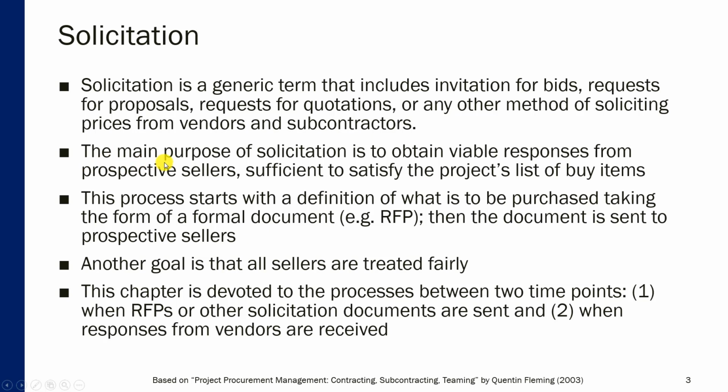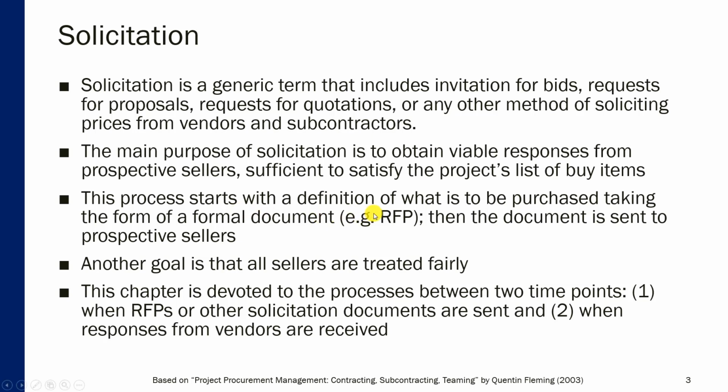The main purpose of solicitation is to obtain viable responses from prospective sellers sufficient to satisfy the project list of buy items. The solicitation process starts with the definition of what is to be purchased, taking the form of a formal document.